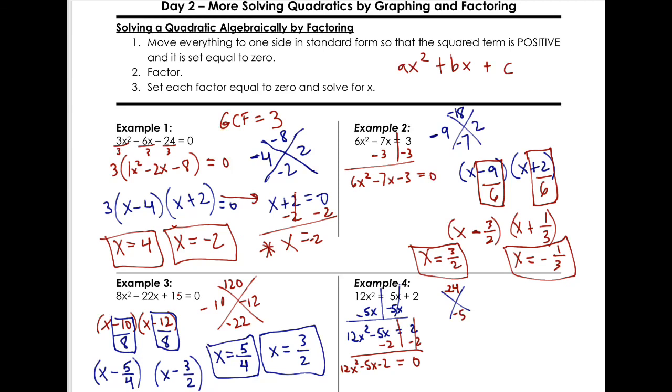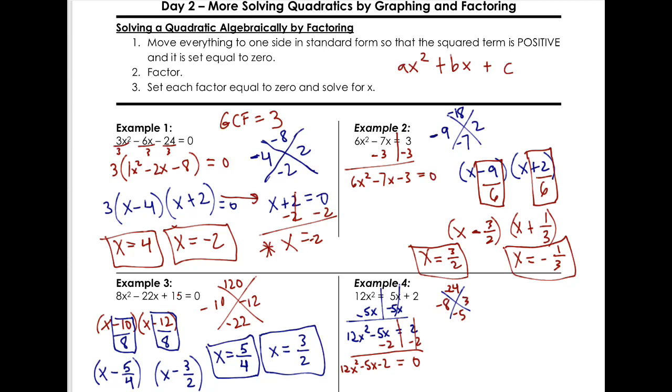Two numbers that multiply to give you negative 24. What is that? That would be negative 8 and a 3.